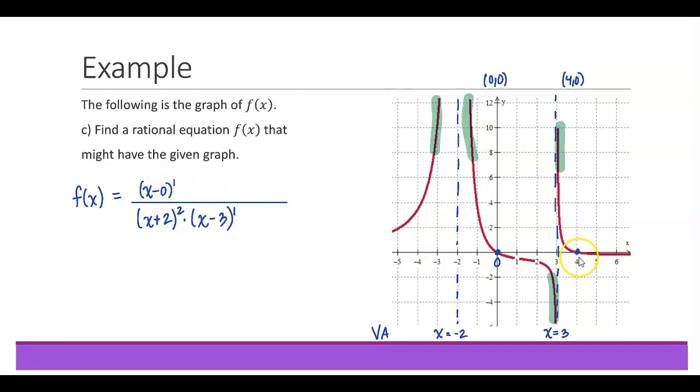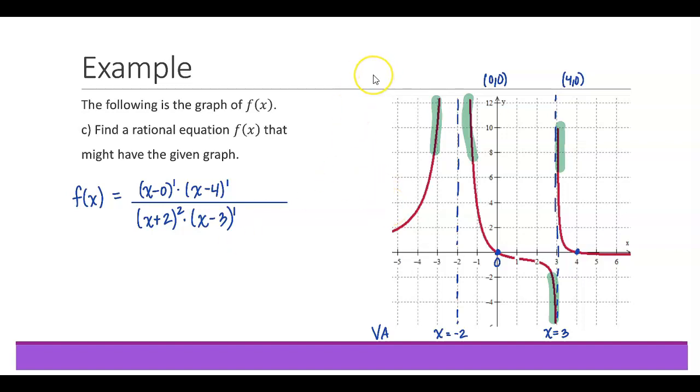And then my second x-intercept at 4, 0: to get 4, I'd have a factor of x minus 4. Here I'm also cutting through the x-axis, so that would have a multiplicity of 1 as well.